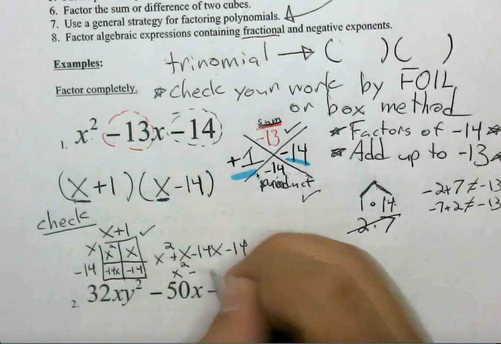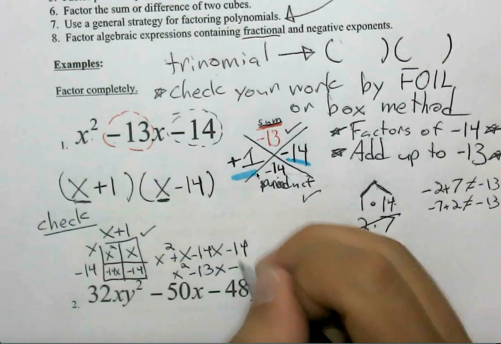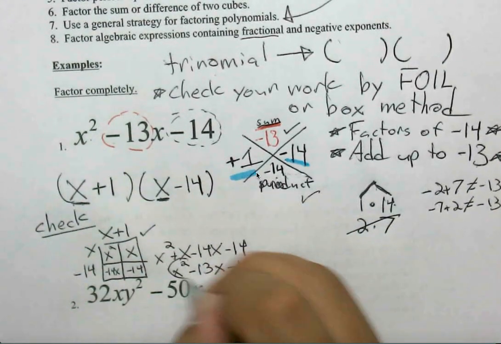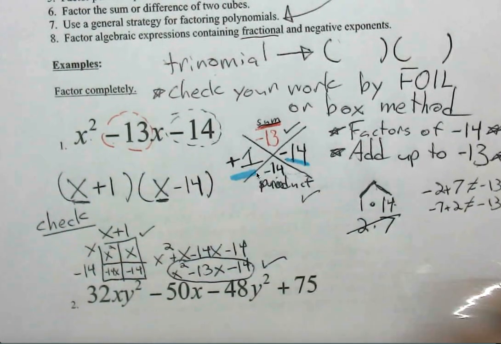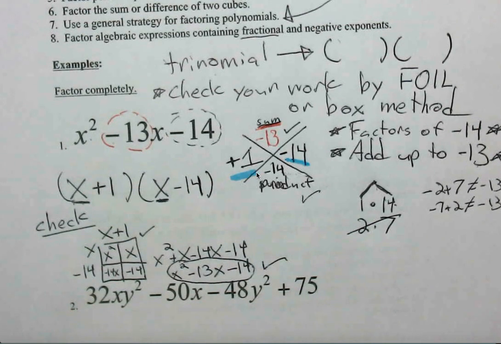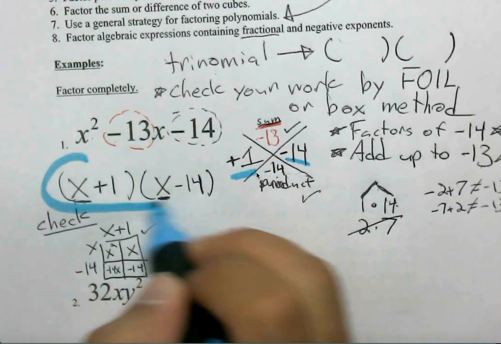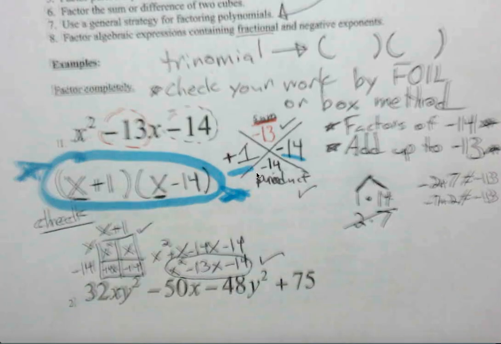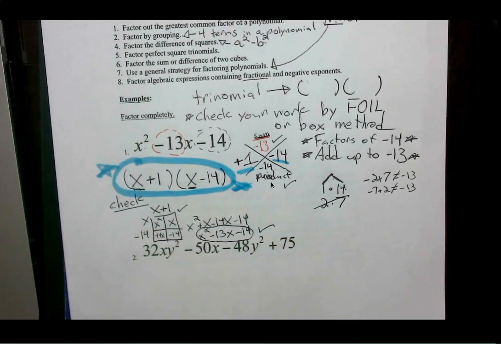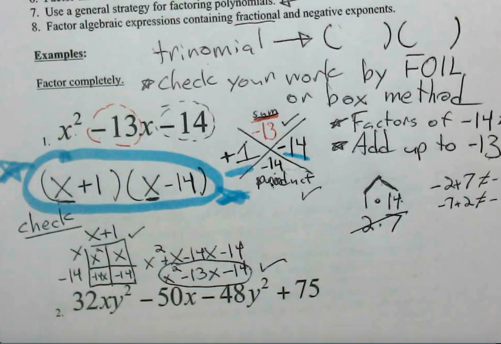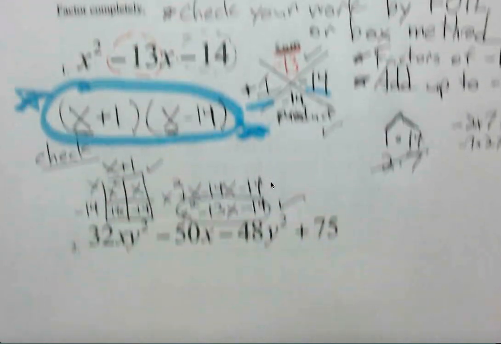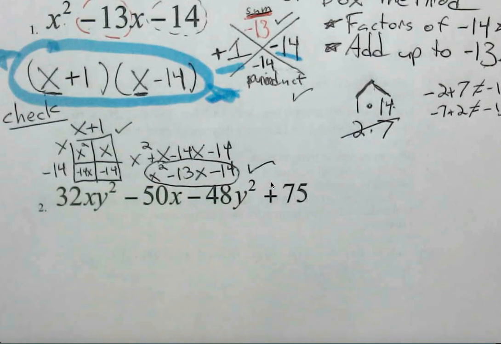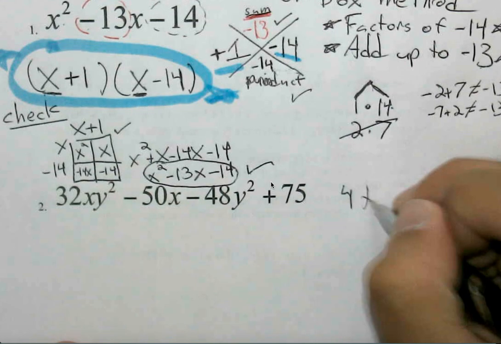Because we can get back to that original trinomial if we use box method or foiling. So this is the check, but the main final answer that we want to keep is this. So we got that. Moving to the next part, we know that we're going to be factoring by grouping because we have 4 terms.